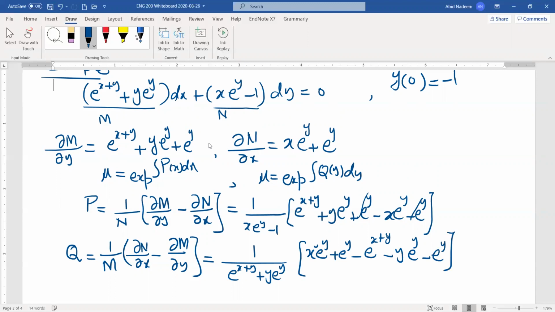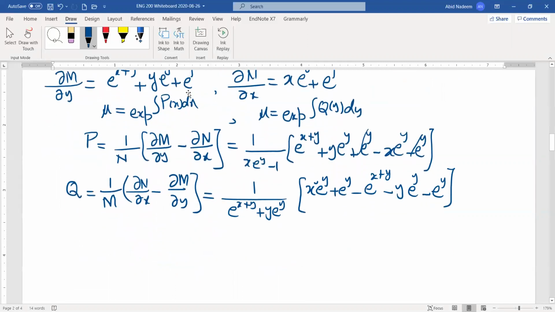So I think we need to simplify it from here. e power y will cancel out with e power y. And then what is left, we can take e power y as common, and what is left over here is x minus e power x minus y.